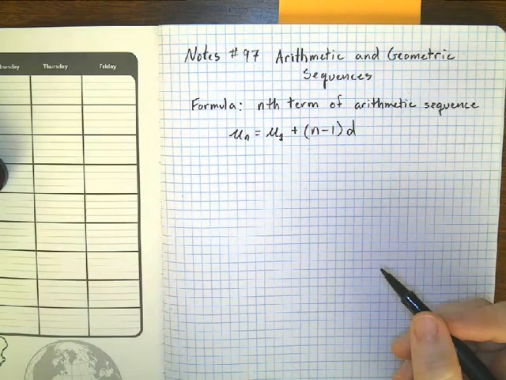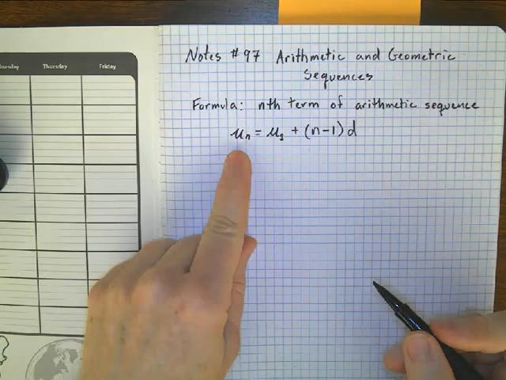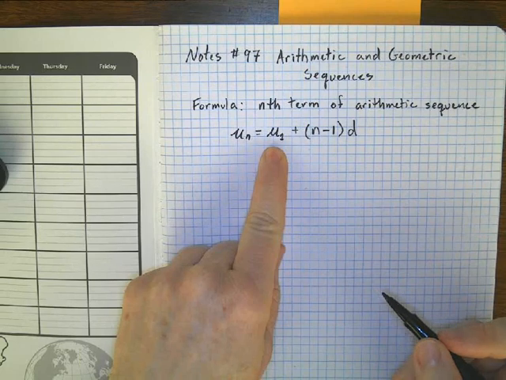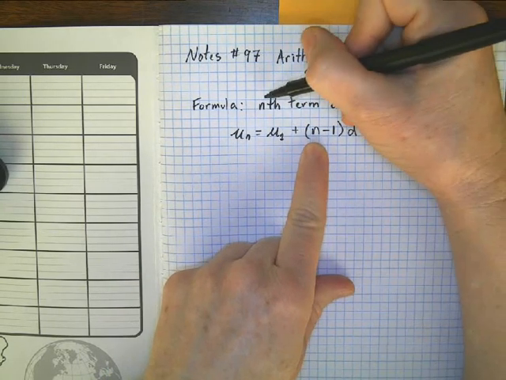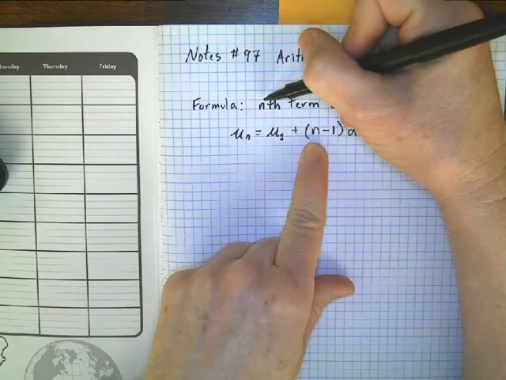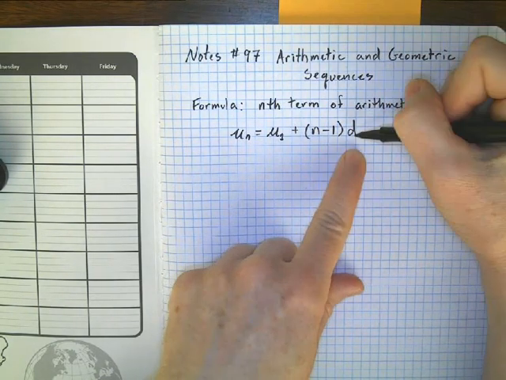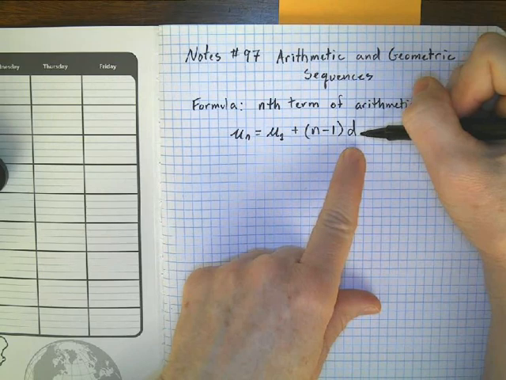Okay, so this is the term you're looking for. This is the first term in the sequence. N is whichever term it is that you're looking for, say the 10th term, the 11th term, the 12th term, and d is how much you're adding each time to the previous term.